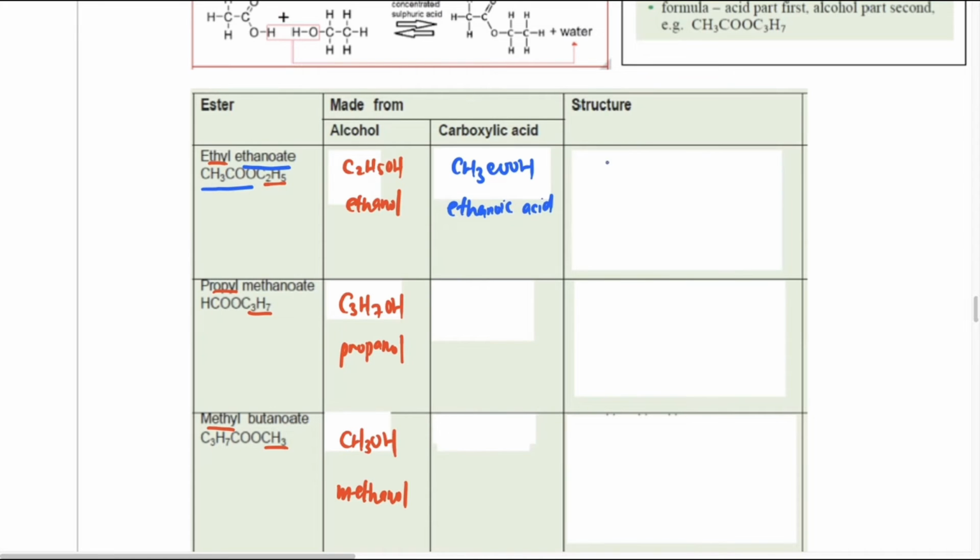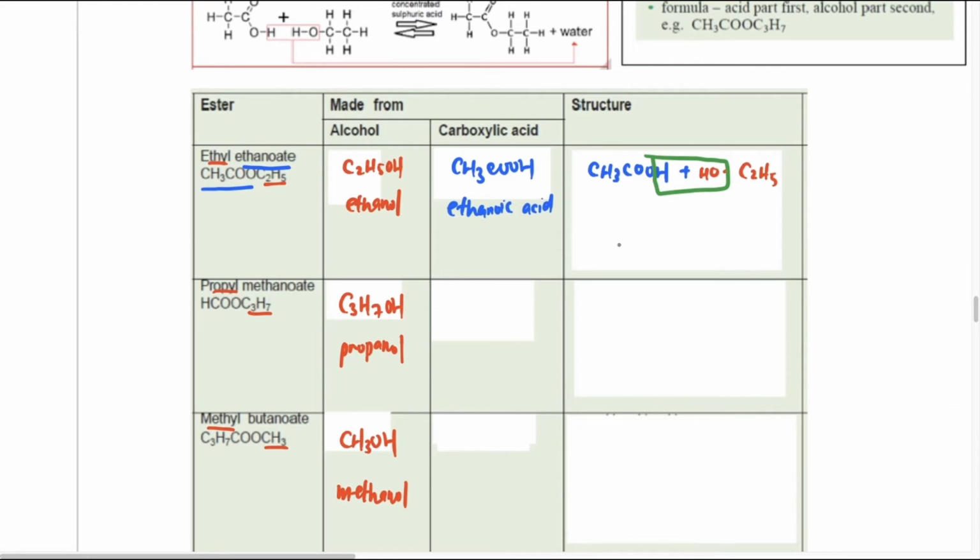So to work out the structures, we have to do something like this. Okay, so you draw the ethanoic acid first, CH3COOH. Then the ethanol you just swap, so that the C2H5 is here, OH is facing the COOH, so that we can remove the H2O in this particular way.